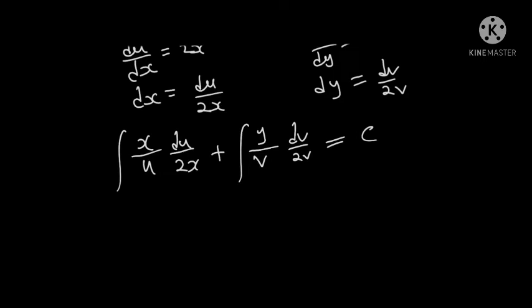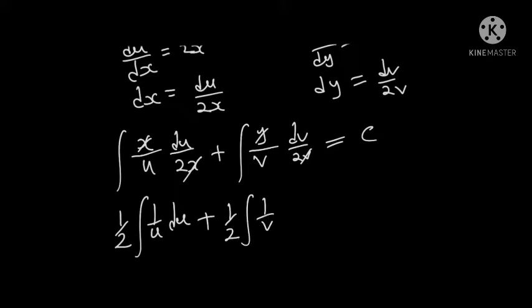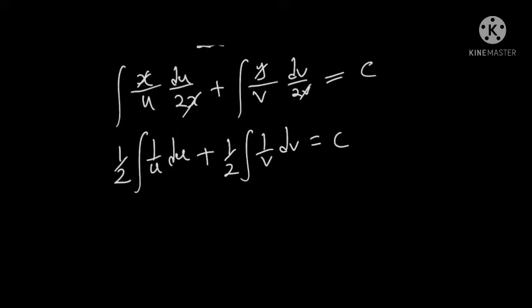Now we can simplify. So we have 1 over 2, 1 over u du, plus again y and y will cancel. We have 1 over 2, 1 over v dv equals c.